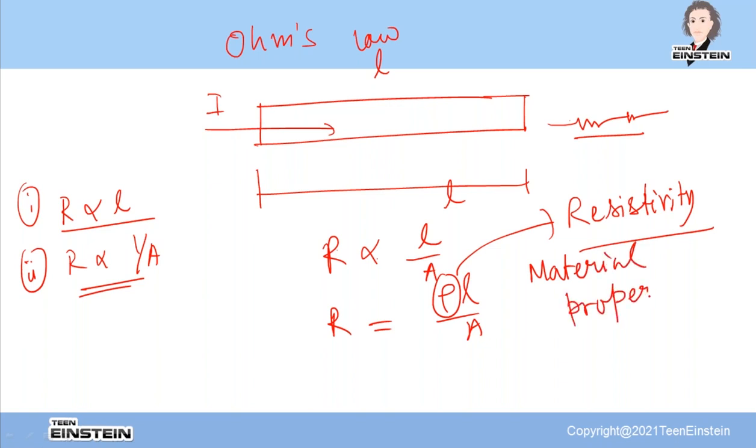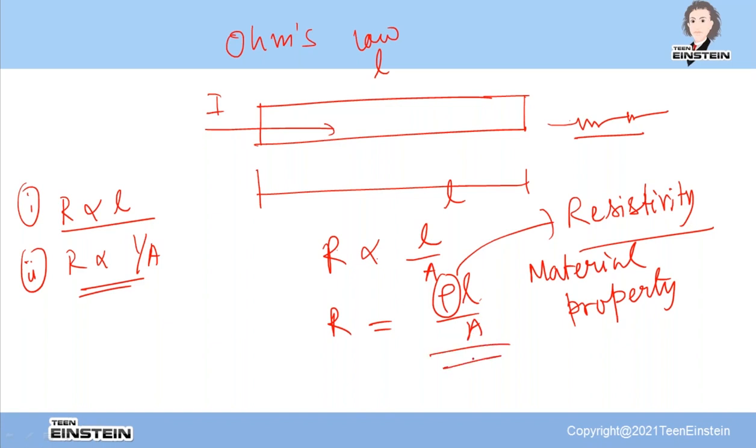That means it will be different for different materials. If you take iron, copper, or other conductors, it will vary from material to material. So this is how we have seen that R is rho L by A. This is the dependence of resistance.